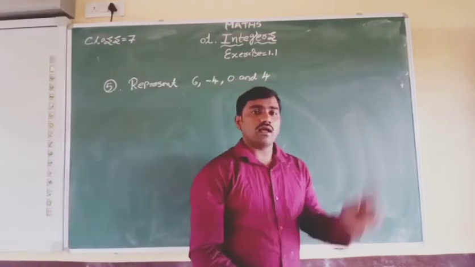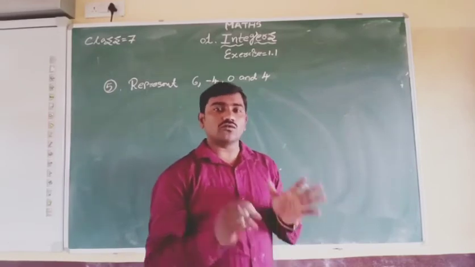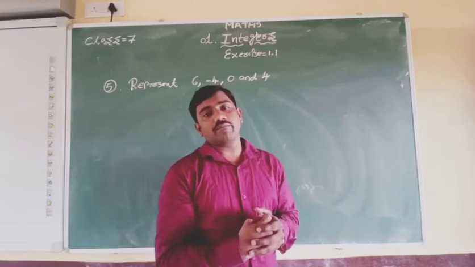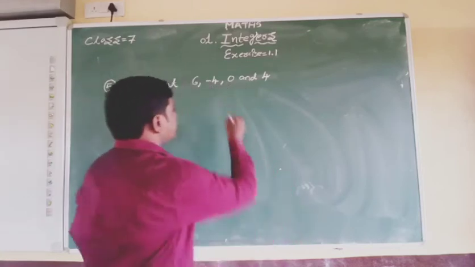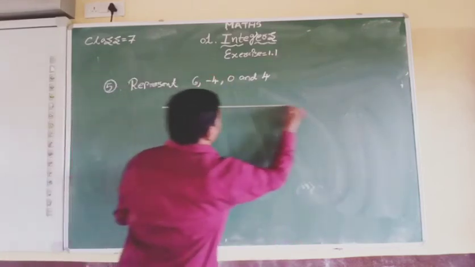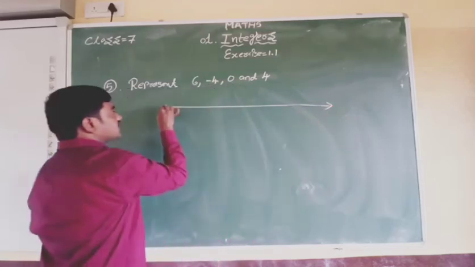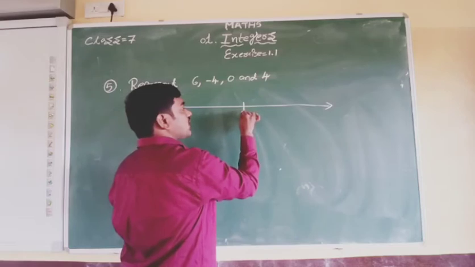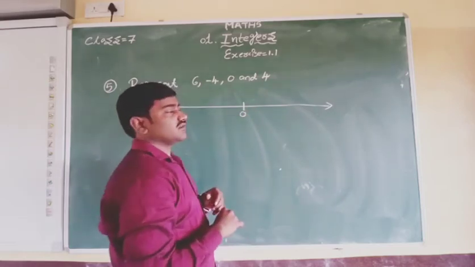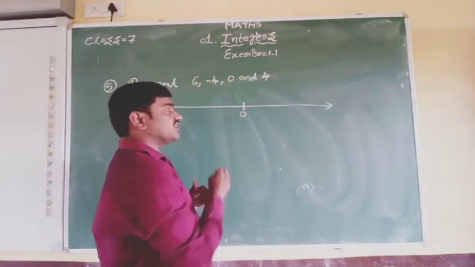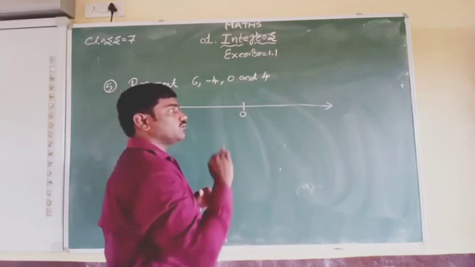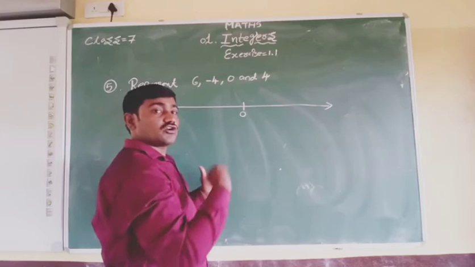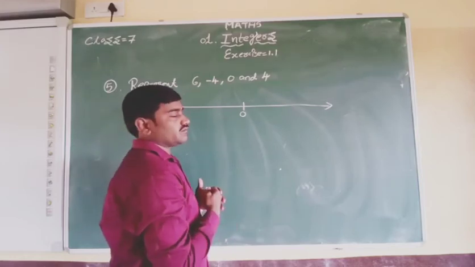Which number line? As we are learning integers, we have to represent the given integers on the integer number line. So the rule of drawing an integer number line is that we always locate the 0 at the middle place. Then the right side of the 0 will plot the positive values, the left side of the 0 will plot negative values.